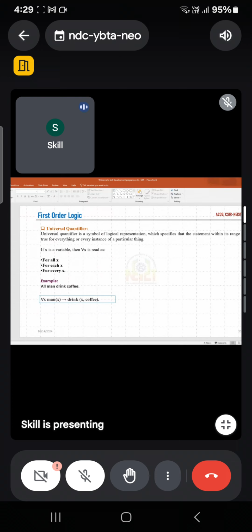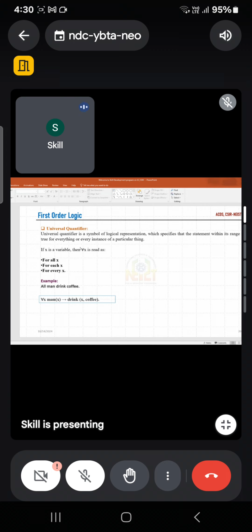So first we will see the universal quantifier. As I have already explained, the universal quantifier is a symbol of logical representation which specifies that the statement within its range is true for everything or every instance of a particular thing. It will explain about all or every or each of a particular element or particular variable.